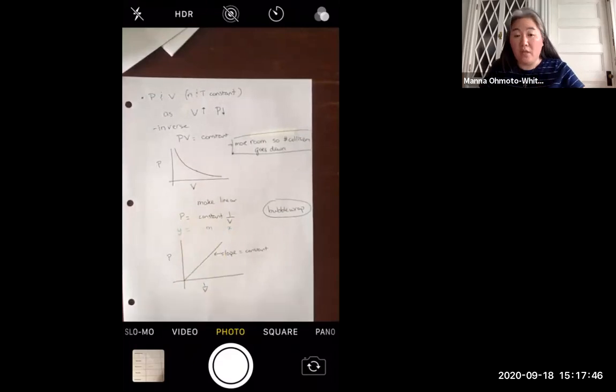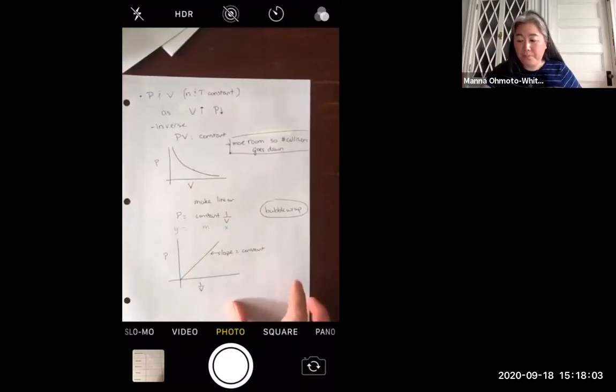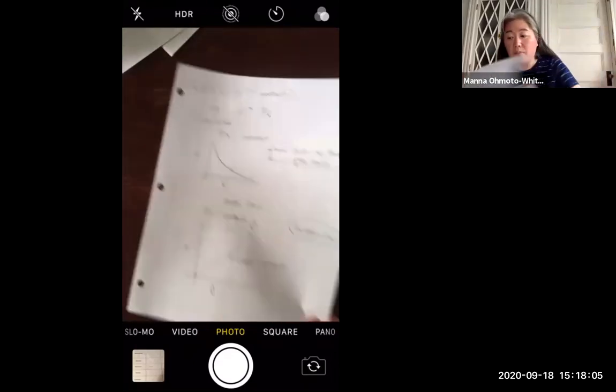So the point of this is that I can create a linear graph off of a nonlinear graph if I have this relationship, simply by graphing P versus 1 over V. And the slope of that will be a constant. We like y equals mx plus b.